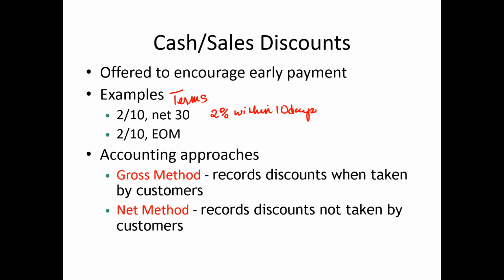So instead of having to pay 100% of the bill, you only have to pay 98% of the bill. And the net 30 means that the whole bill is due within 30 days.